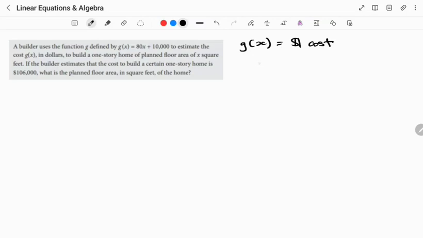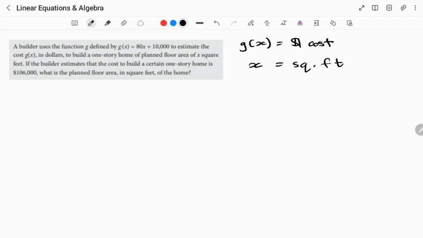You could have just as easily said C is the cost or Y is the cost. This form does not change the meaning of the equation. It's just giving us G and X, saying that these two are interdependent. So we'll stick to G of X because that is what they've given us as our variable. And then we have X, which is the square feet.